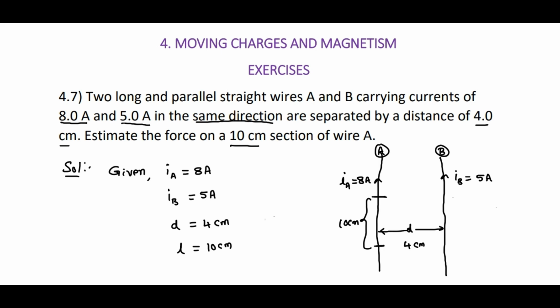Here both directions of the currents are same. That's why force acting on A, F suffix AB, I am writing force on B due to A is F suffix BA. Both forces are attractive in nature.